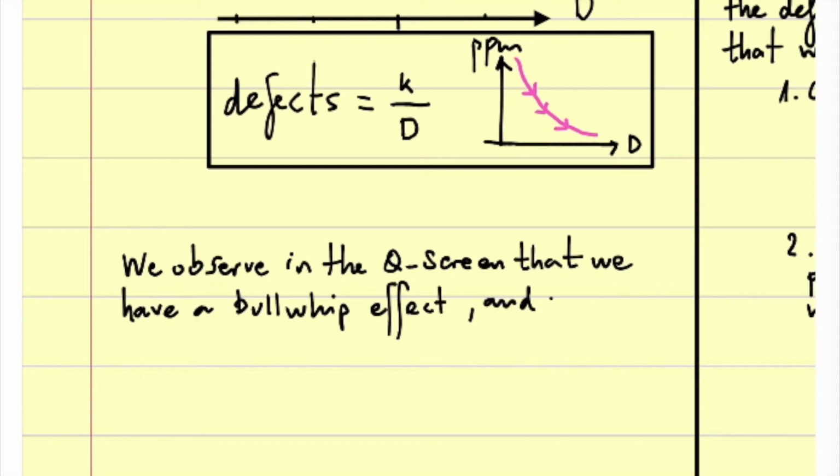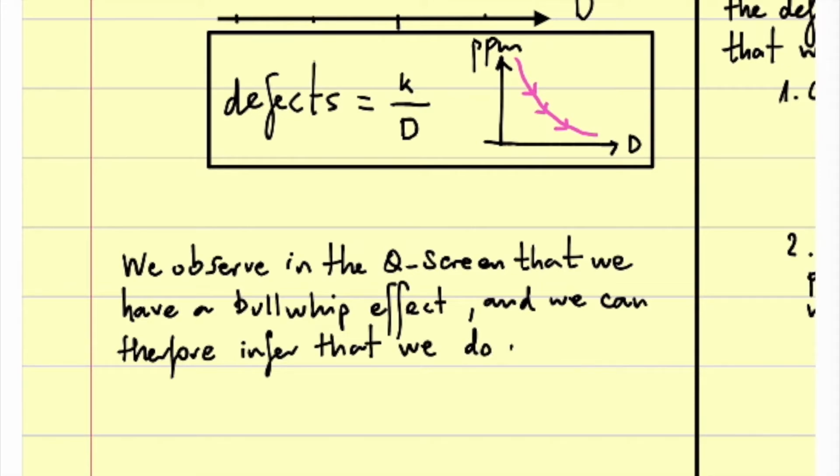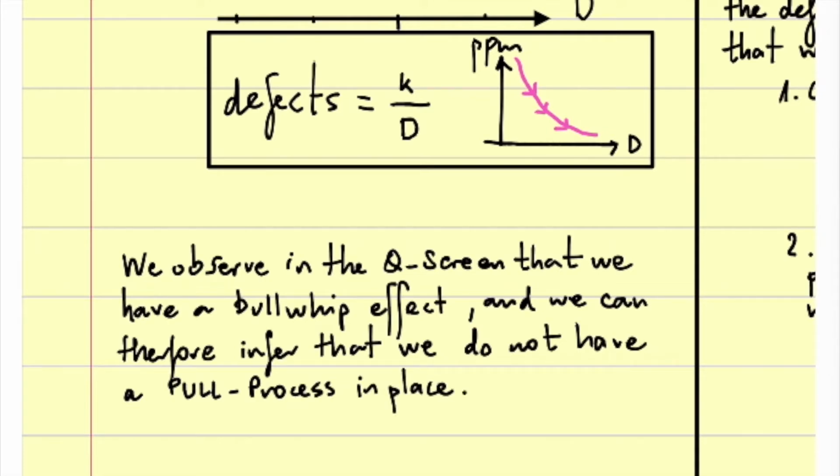and we can therefore infer that we do not have a pull process in place. Okay?